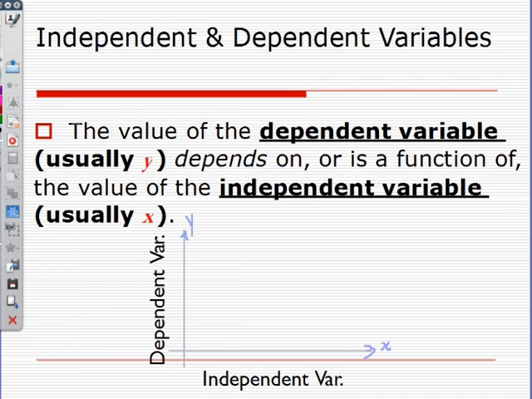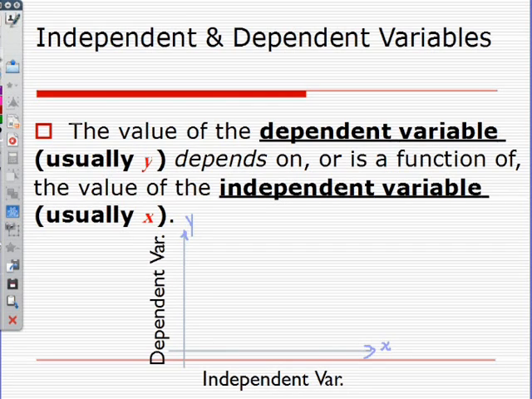Okay. This I do want you to write down. These are 2 of the vocabulary words. I don't know that I would write them separately on the 2 lines there. I think I would just write this whole sentence because the definition of the 2 things is really together. They're integrated. So on those lines up at the top, write this down by where it says dependent and independent variable.